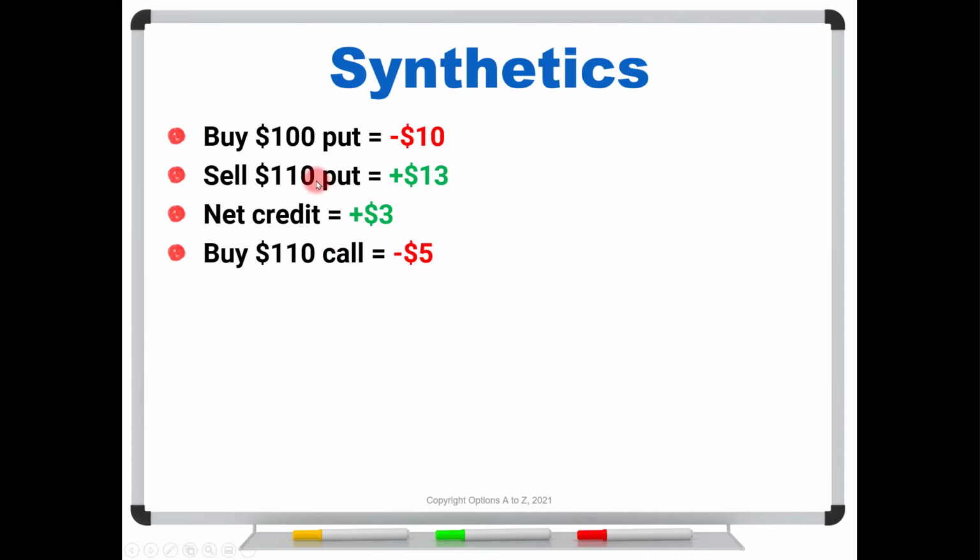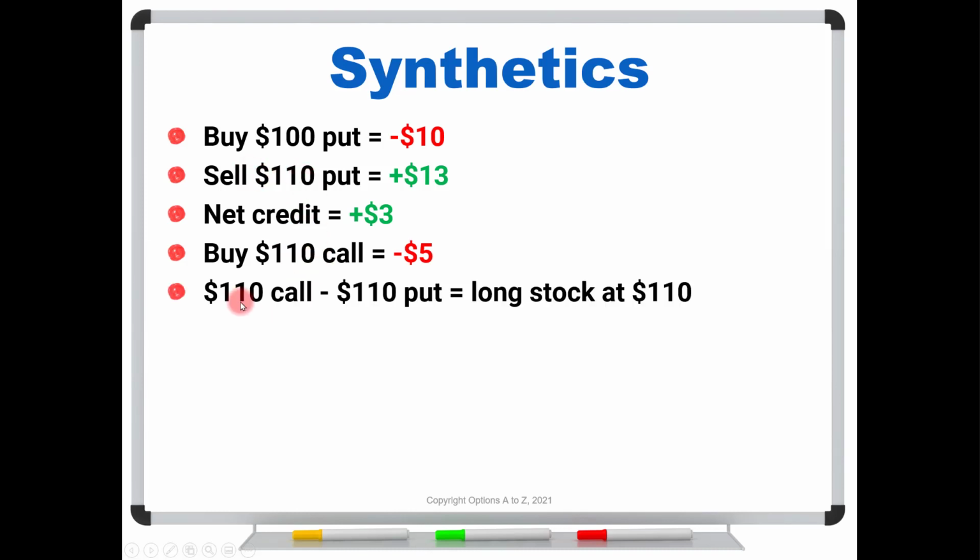So one thing that jumps out at me is the 110 call, the long one, and the short 110 put. What is that? Well, a long 110 call and a short 110 put is the same thing as long stock at 110, at that strike. Mathematically, that's exactly the same thing as if I went out right now and bought stock at 110.